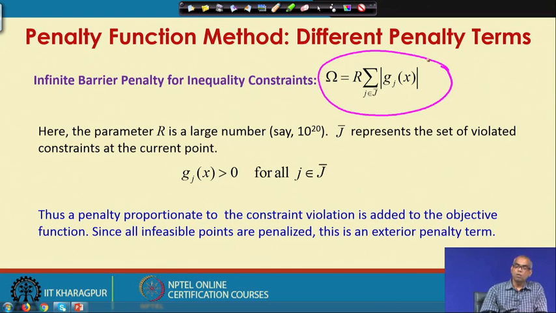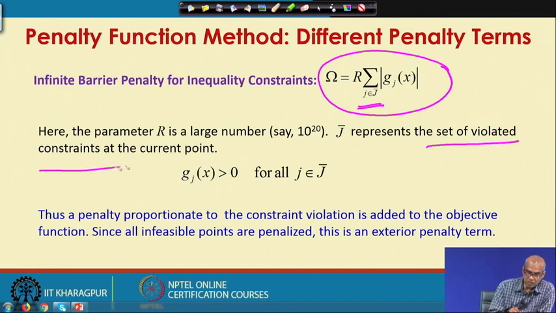If you have more than one inequality constraint, you have to sum them up, but you will consider only the violated constraints. So, note that the infinite barrier penalty term is defined as r into sigma g_j of x, where j belongs to J bar, which represents the set of violated constraints at the current point.